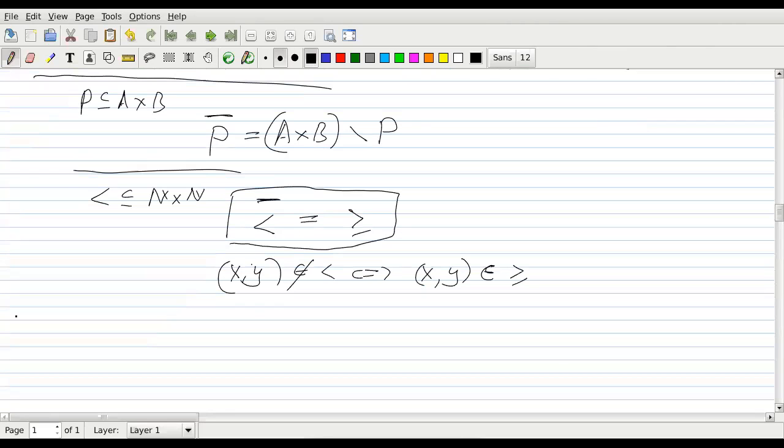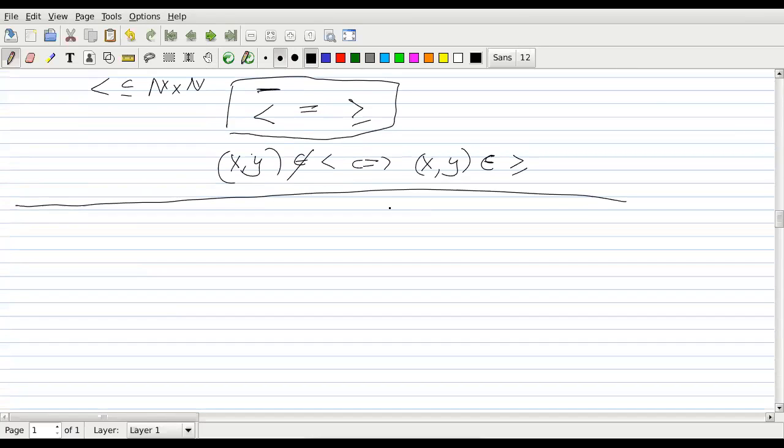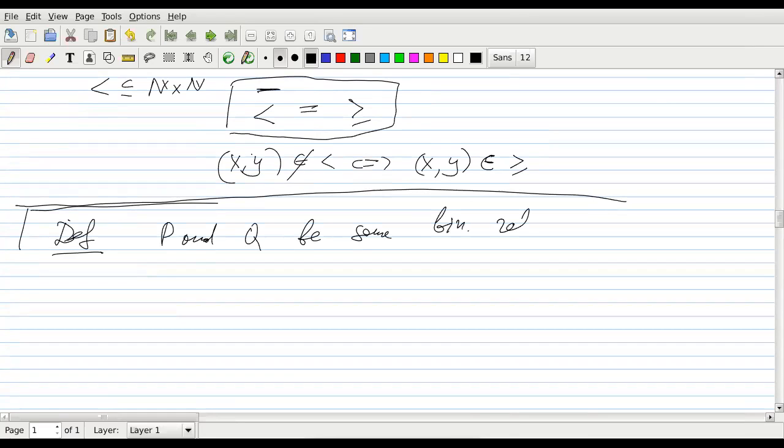And the complement is something familiar. We have already considered it, but now let's consider some new operation, which is called the composition. Oh, it is a little bit trickier. Let P and Q be some binary relations.